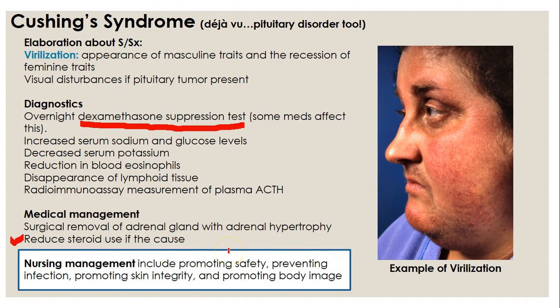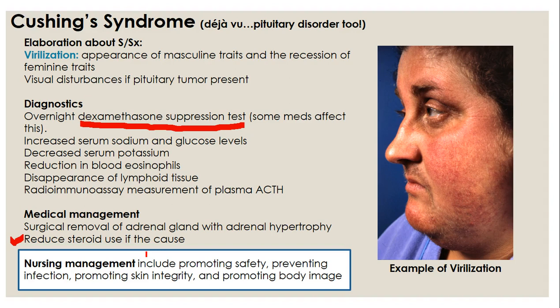And again, having too many steroids, we know that it can make somebody more at risk for infection, so we want safety, prevent infection, promote skin integrity, because long-term use of steroids or being exposed to them can thin out the skin. So somebody who has Cushing's, just think about the skin integrity.